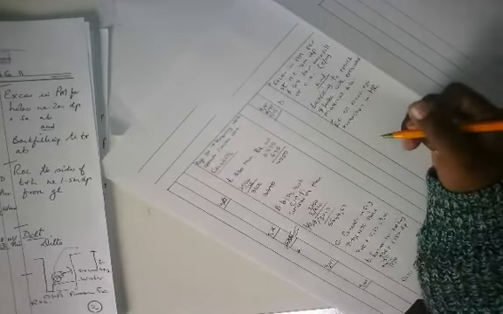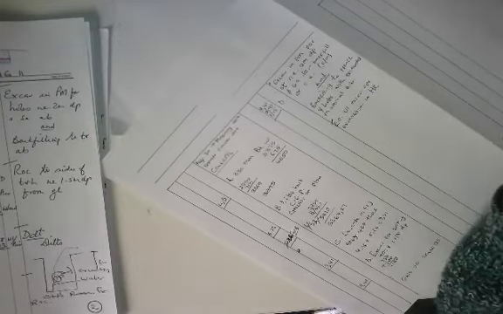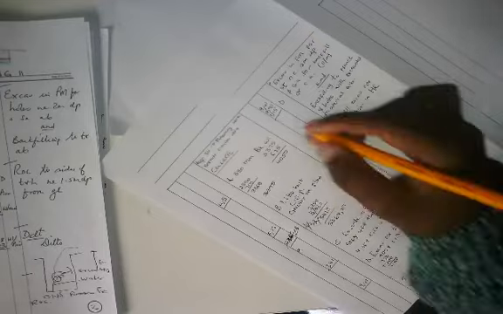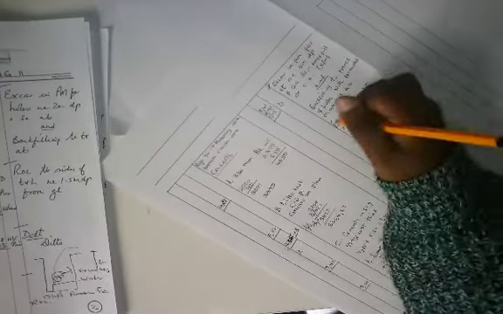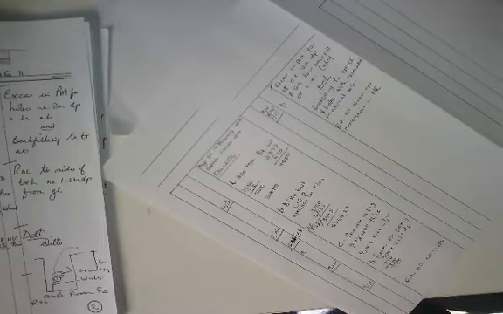Which is your column is 9.4. And then the width, which is like 900.